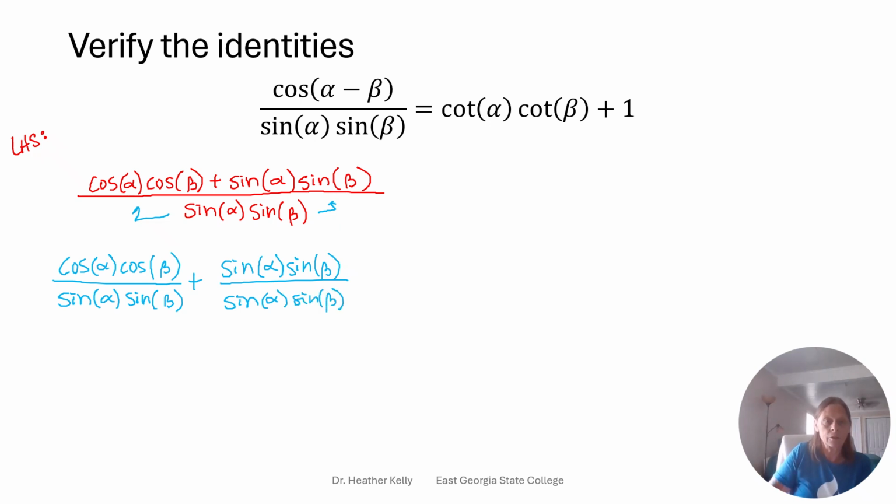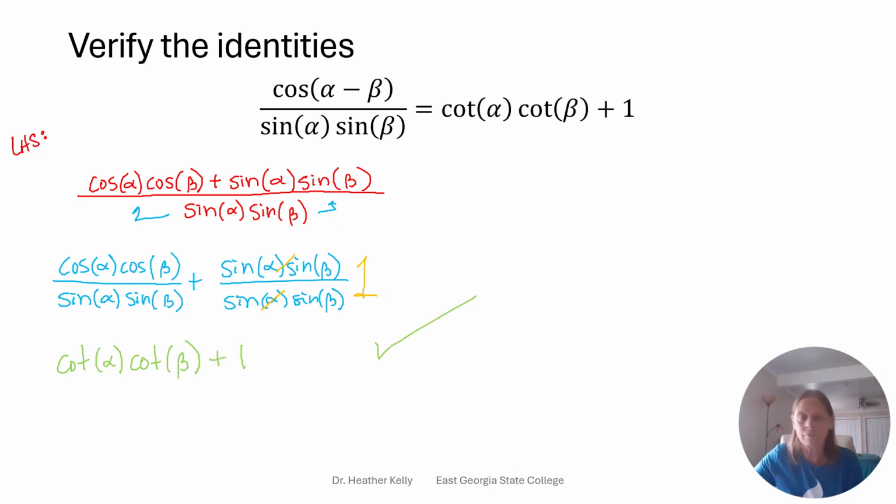These guys here equal 1, and cosine over sine is cotan of alpha, cosine over sine is cotan of beta, plus 1. All right, very good. Y'all have a good day.